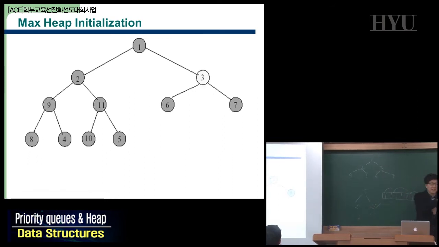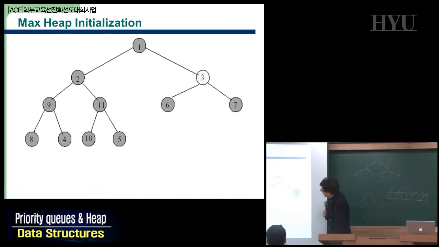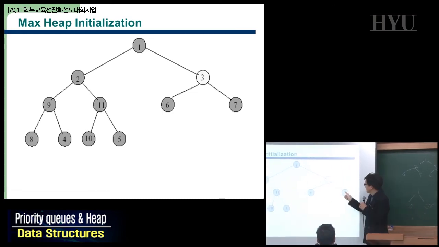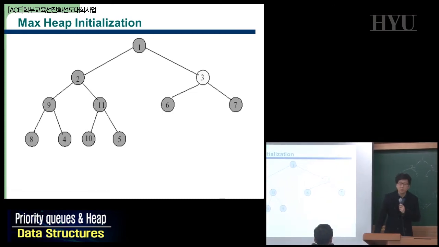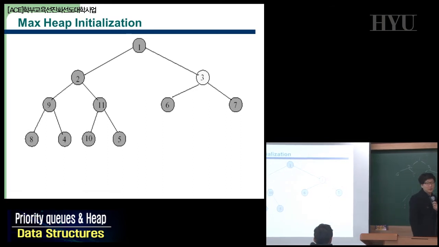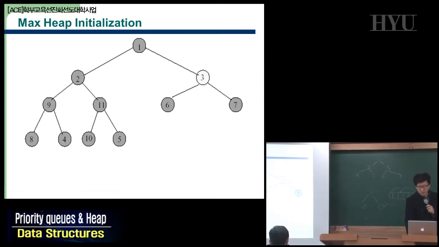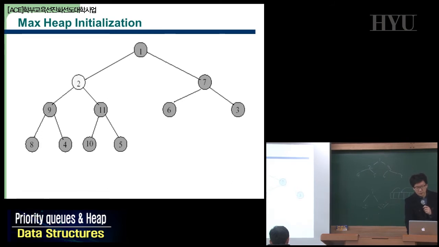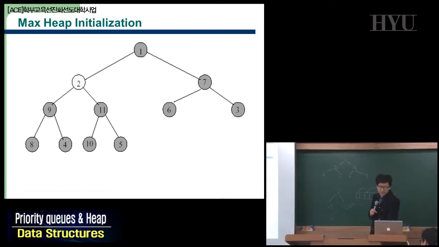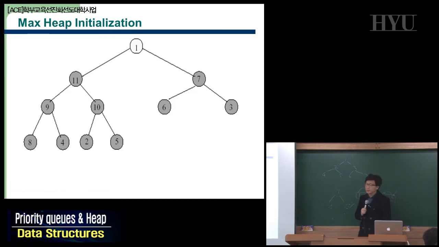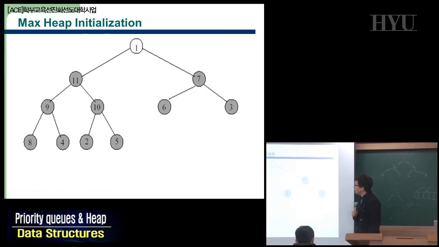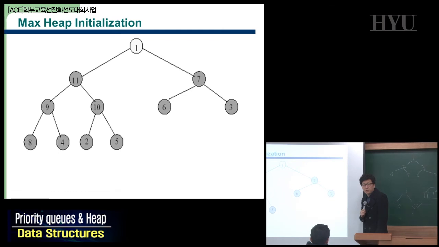And then the next, on the left side, the rightmost node that has a child in it gives me 3. So 6 and 7. So 7 should be up, switching the place. Next one will be that 2. 맞지? 7 and 3, 2. Now when you compare 2 and 11, 11 is up, 11, 2 switch. 1 is up, which was the root from the beginning.